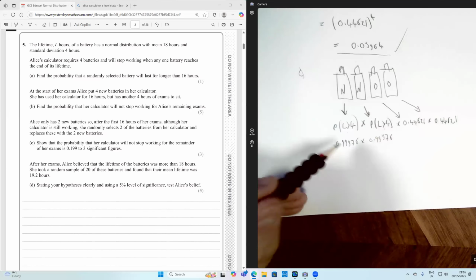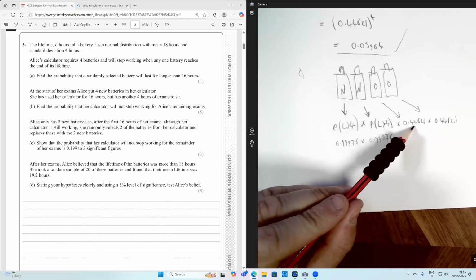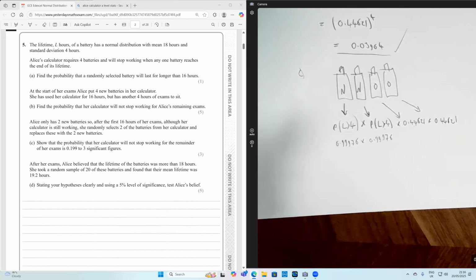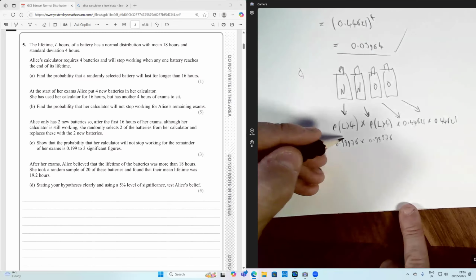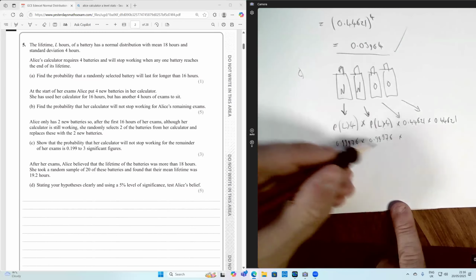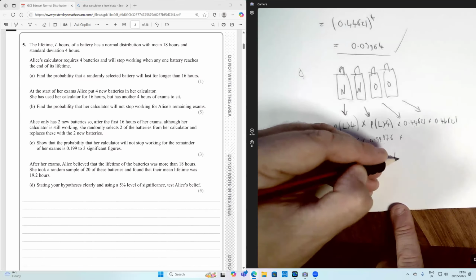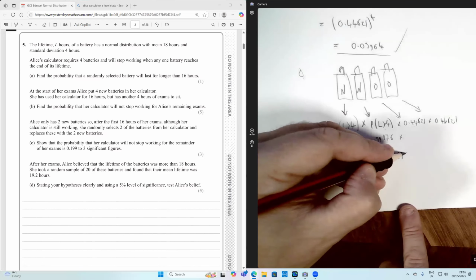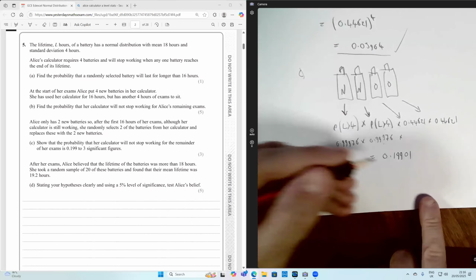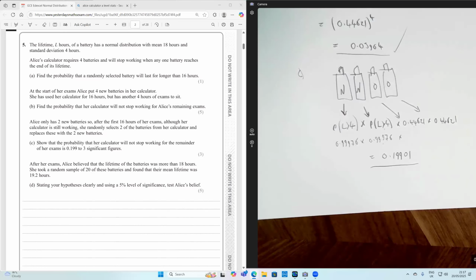So we've got greater than 4, last 20 given that it's done 16, last 20 given that it's done 16. So we multiply all of those together, that one times that one times that one times that one, and lo and behold, that does in fact give us 0.19901. So it has improved the probability that Alice will get through the exam with her batteries to 20%.